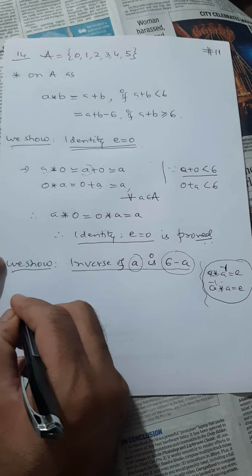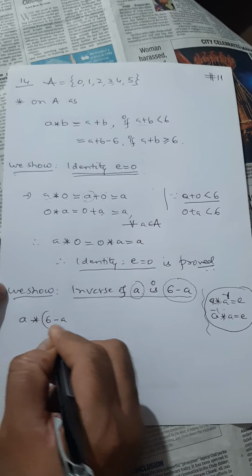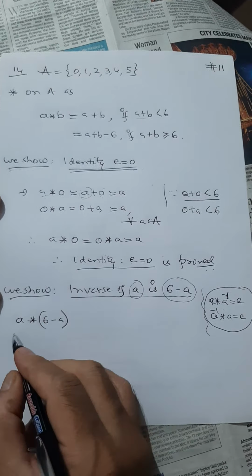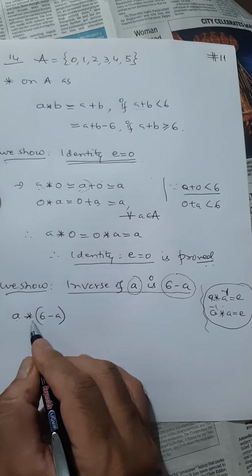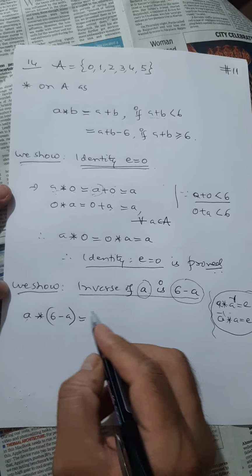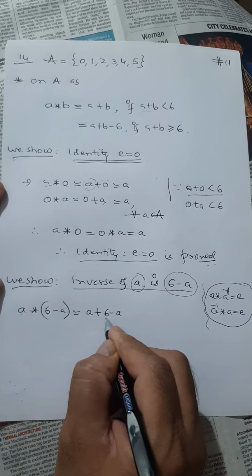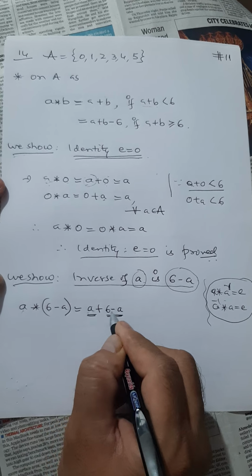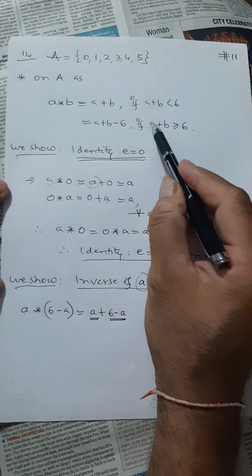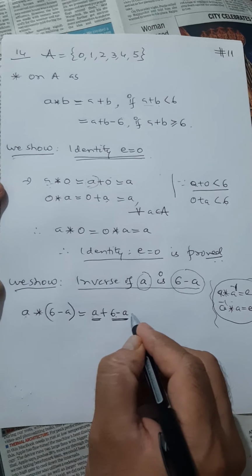So I'll start with a asterisk 6 minus a. Now if I add these two, then a will get cancelled, so the summation is 6. So a plus 6 minus a, the sum of these two is 6. If the summation is 6 or more than 6, then you need to do minus 6, so we'll write minus 6 here.